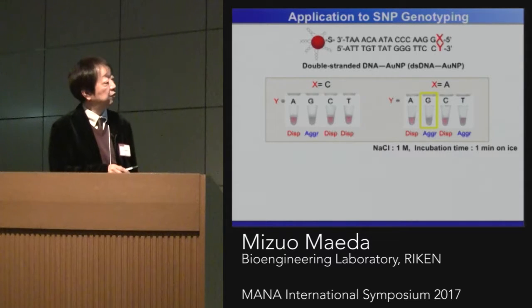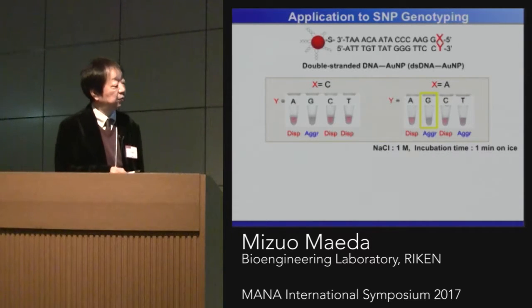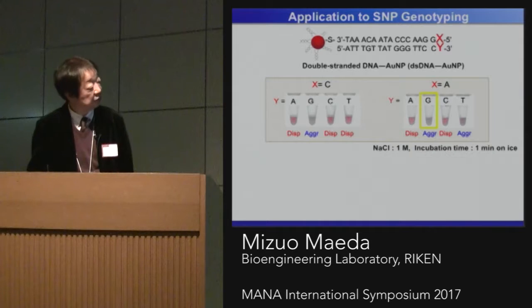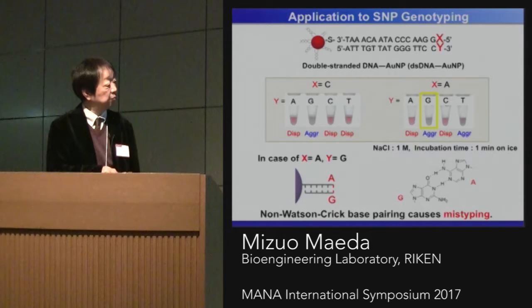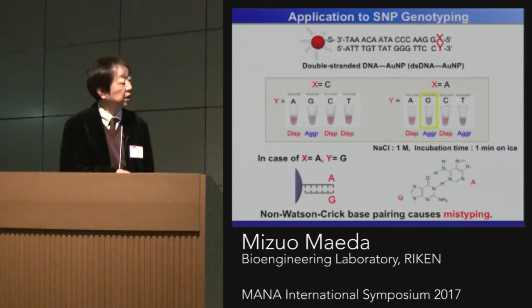In the case of X equals C, only G changes the color. This is okay, but this results in some mistyping. This is actually possible because AG can also make a kind of non-Watson-Crick base pairing. So this results in mistyping.